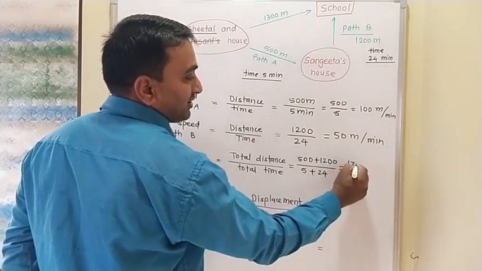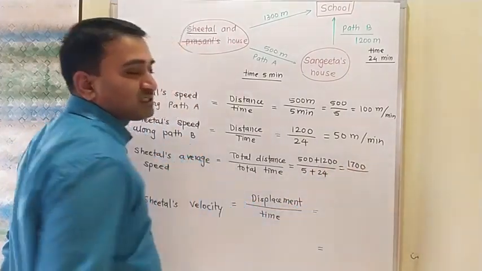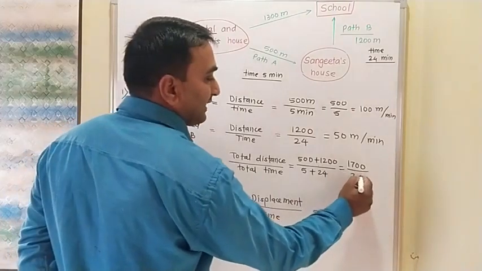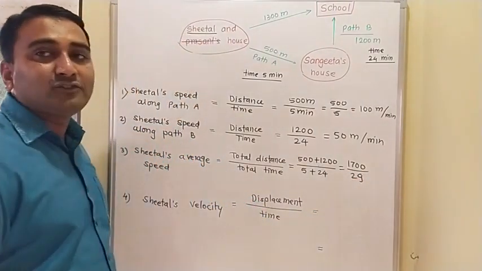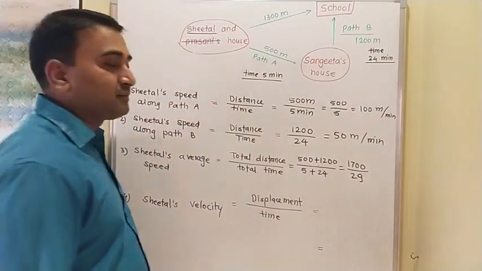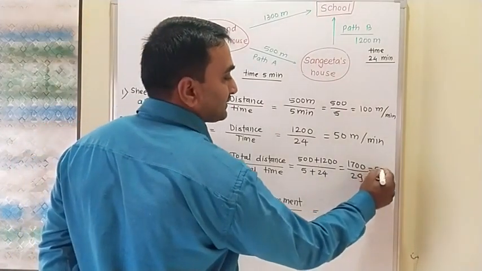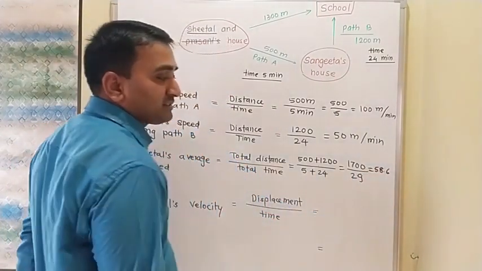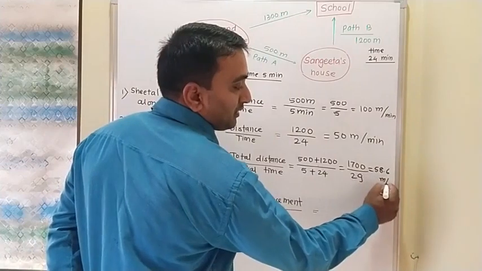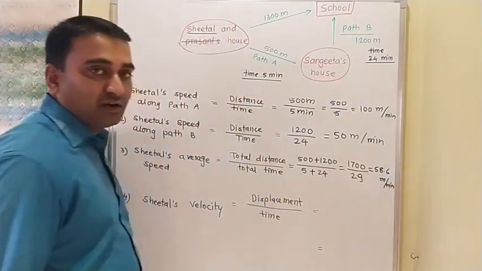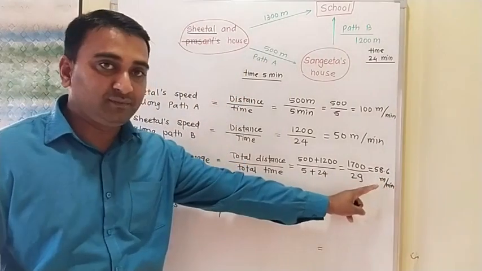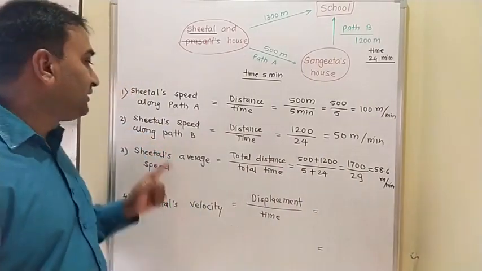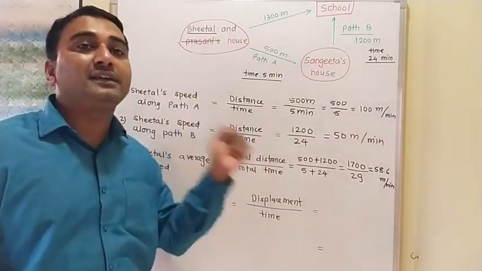So finally we reach 1700 meters divided by 29, and this answer is 58.6 meters per minute. Got it or not? So it is an average one. So what is clear from this? Speed is related to distance.